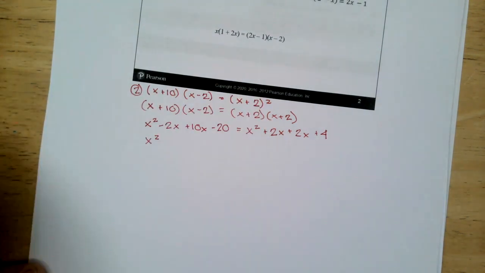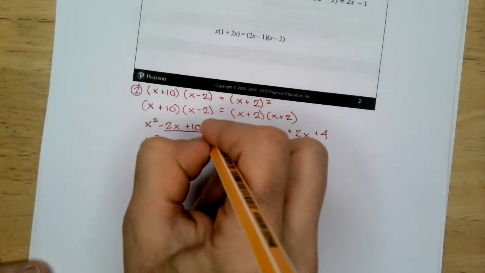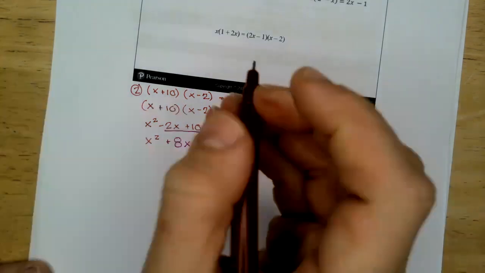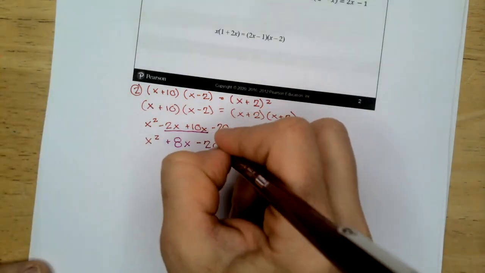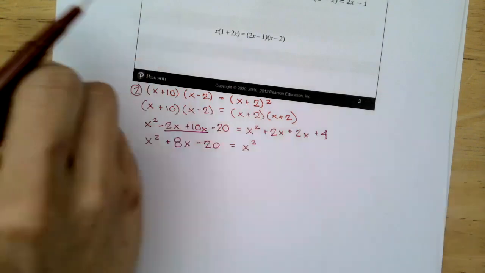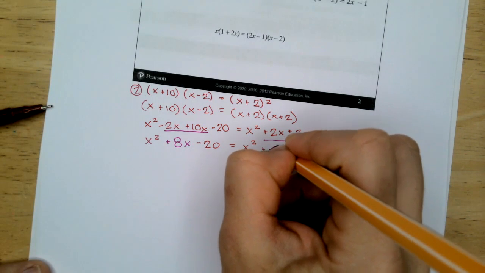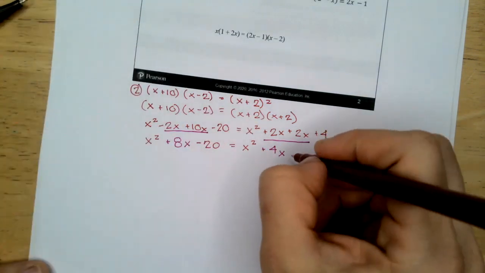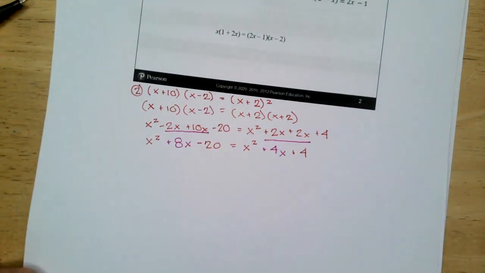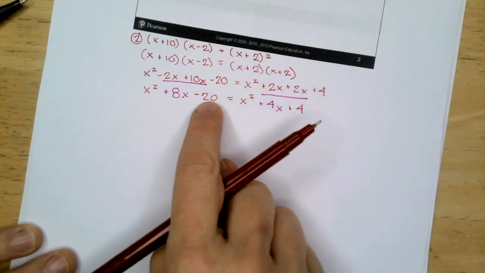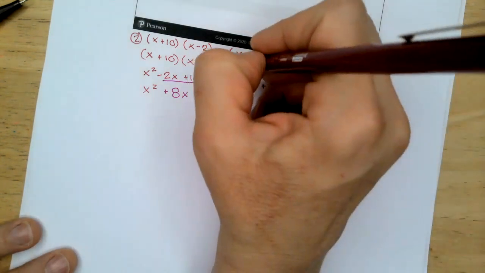X squared, negative 2x and 10x are 8x, minus 20 equals x squared. Here, 2x and 2x become 4x plus 4. Good.